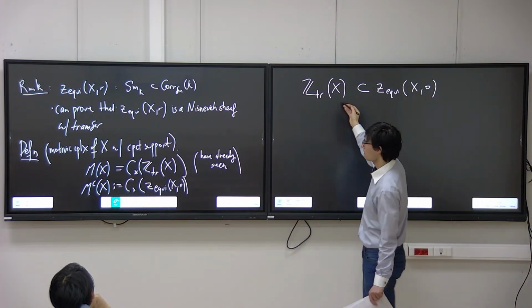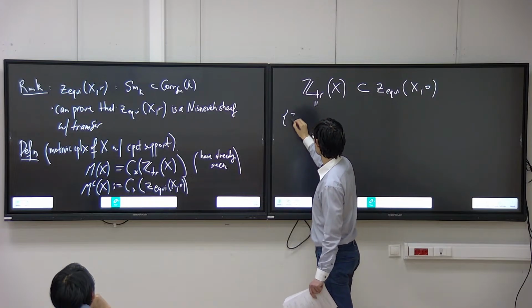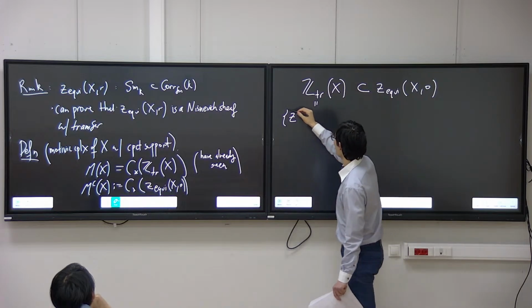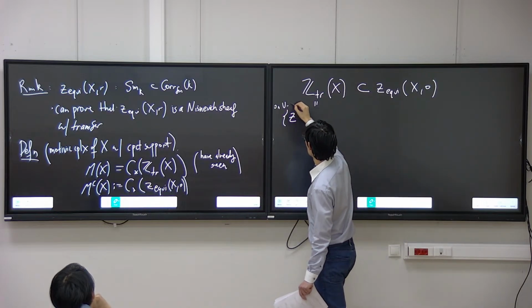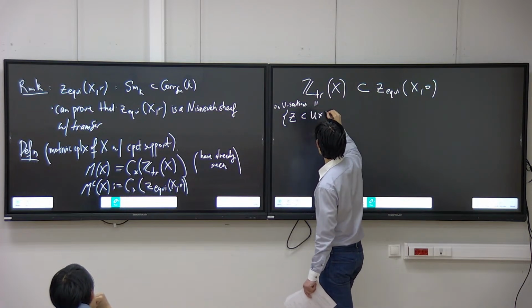What's happening is that this is the family of cycles Z, let's say in a section, right? Let's take U sections, U times X, where the projection to U is finite.